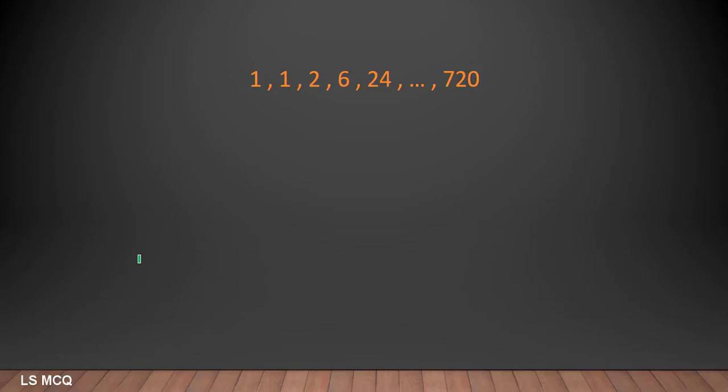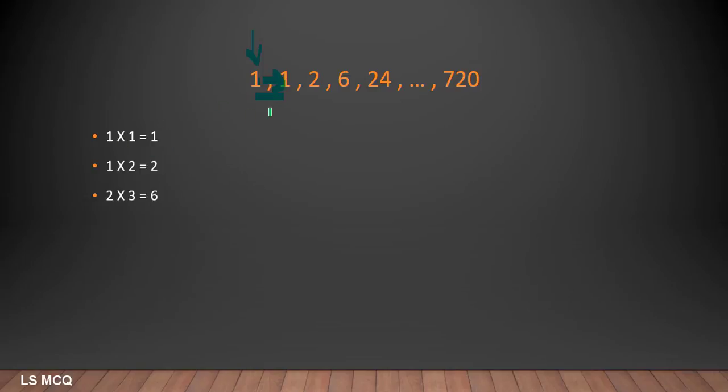It's 1, 1, 2, 6, 24, something, and then 720. Okay, let's find the solution. It's 1 into 1 for the first, 1 into 2 for the second, and 2 into 3 for this one. We leave the first one as it is and multiply 1 to it to get the second term.